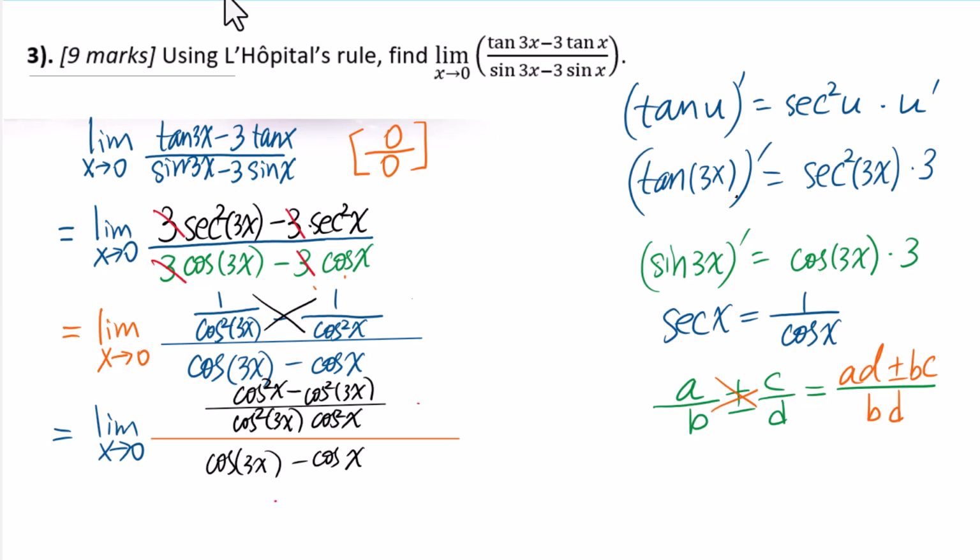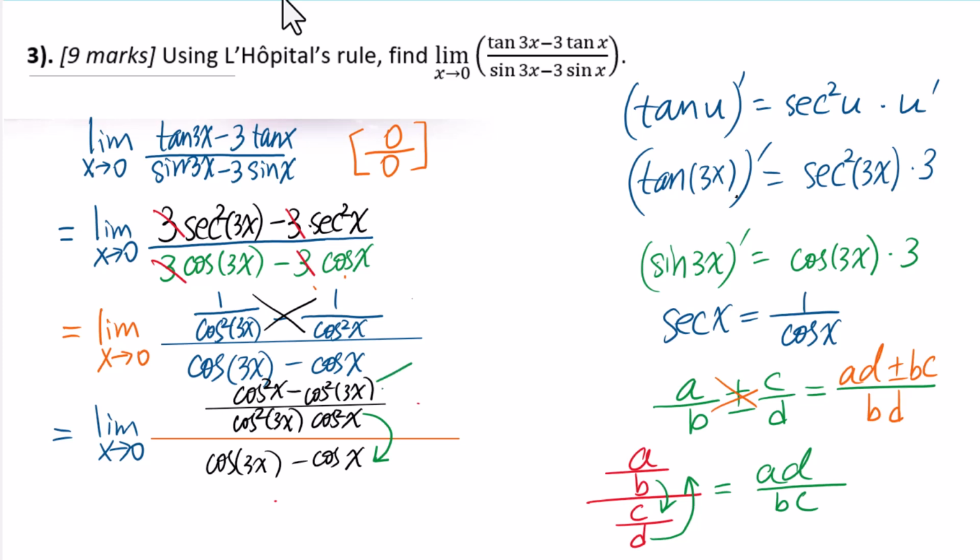This is a complex fraction. Since a over b over c over d, the denominator will jump to the top, so that we can get ad times bc. This goes to the denominator.